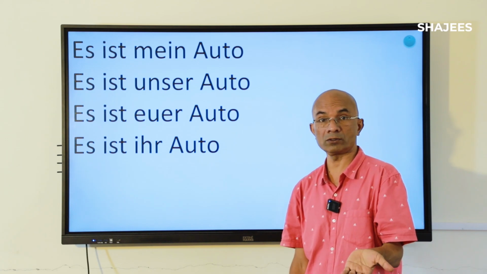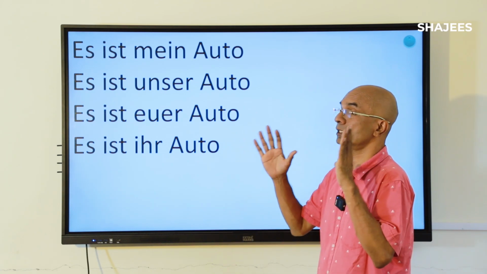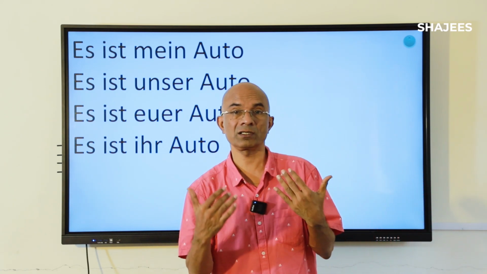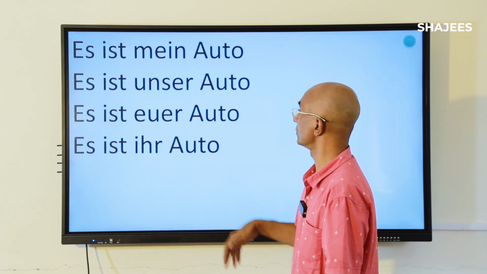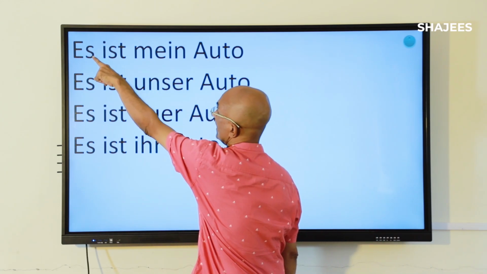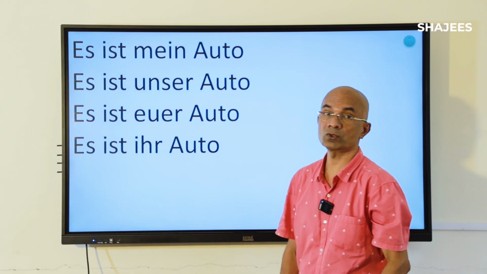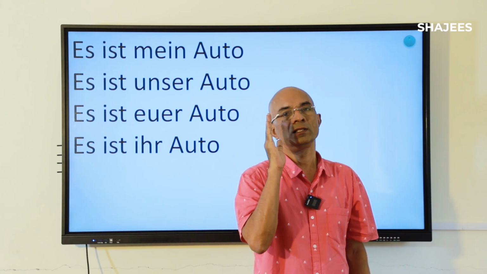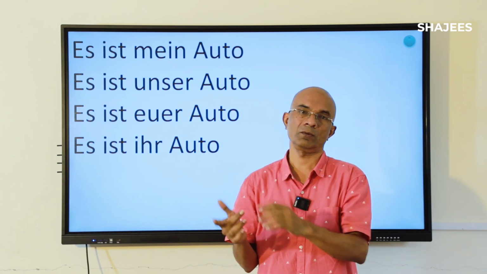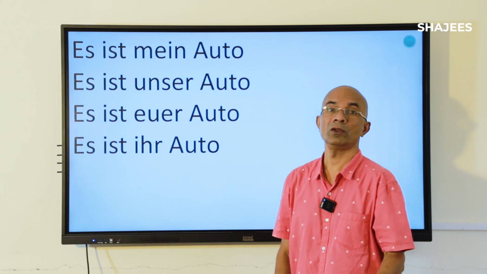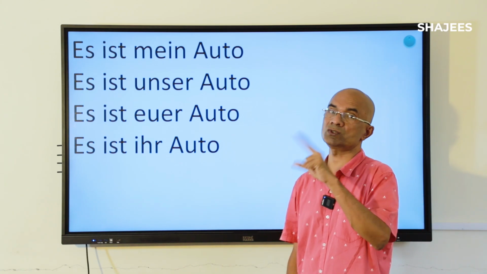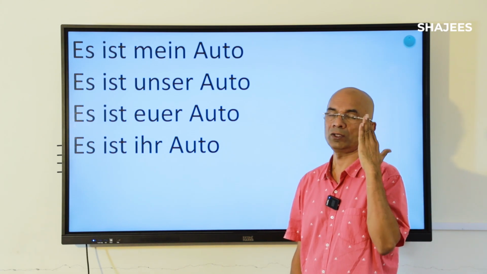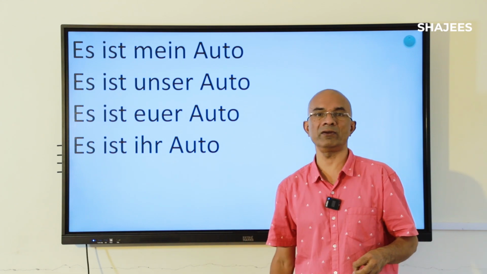That is their Auto. That is their car. So that's mein, dein, sein, unser, euer, ihr. And that one we are using for all neutrum. So for neutrum and masculine we have only dein, mein, and all these things. And for plural and the feminine, we use meine, deine, seine, eure, ihre, and so on.